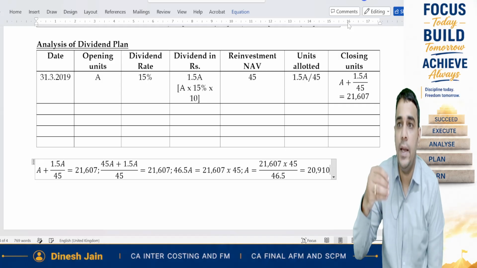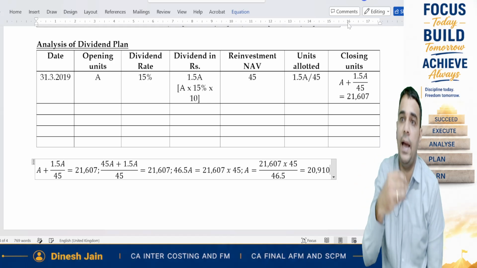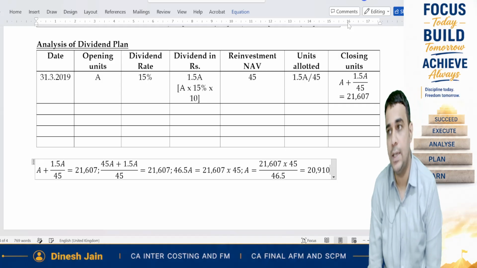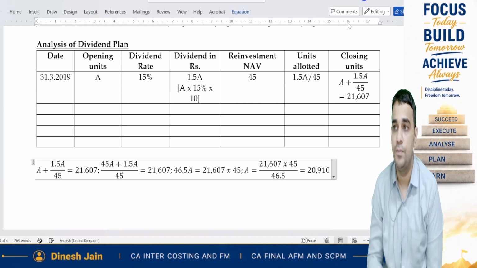So I was able to get to the units one period before. I have to keep going backwards. It will take a little bit of time; forward is easy to do. Any doubts first on 20910?